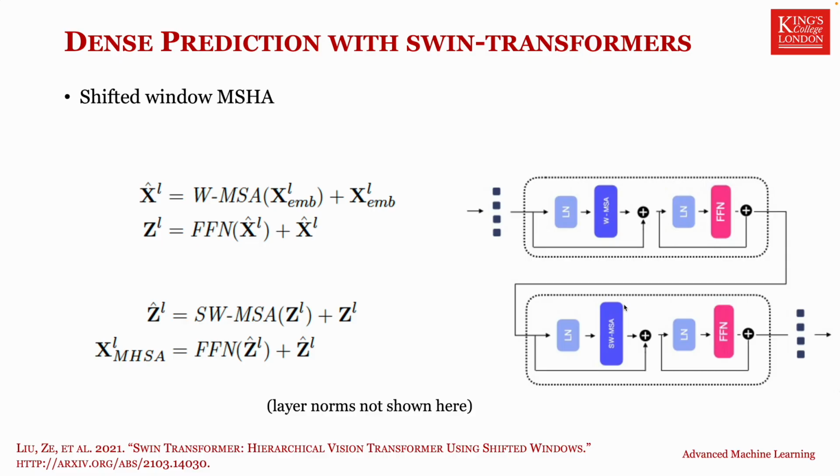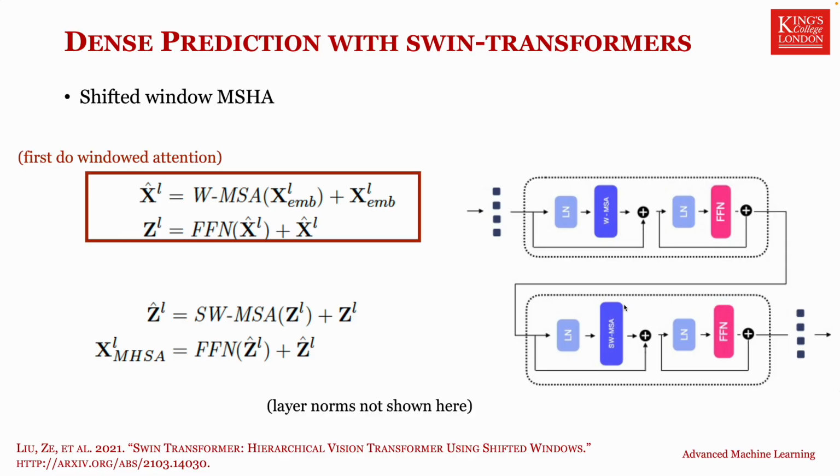It works by first learning self-attention within the original set of windows, where here the x to the L EMB and the x hat L actually represent recurrent connections that are adding the inputs to the outputs of these self-attention and MLP layers. The allocation of windows is then shifted, which means that essentially you're just reassigning patches.